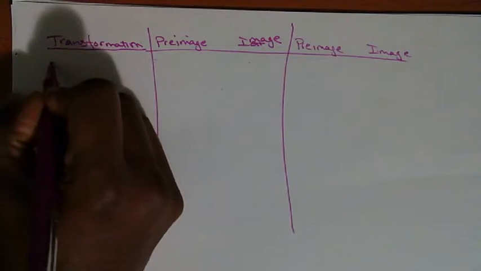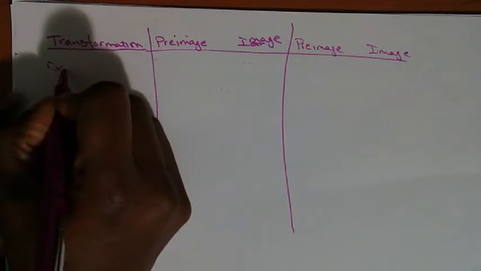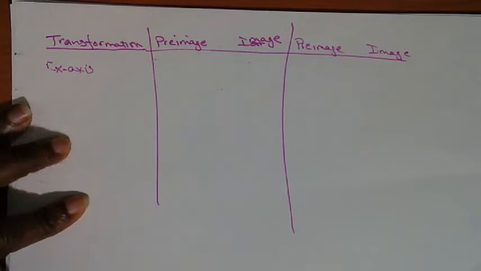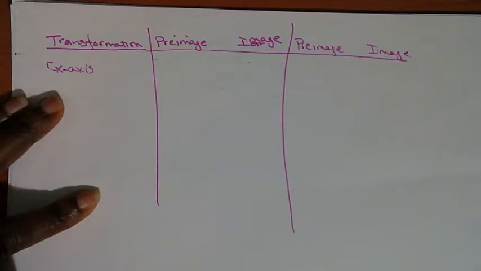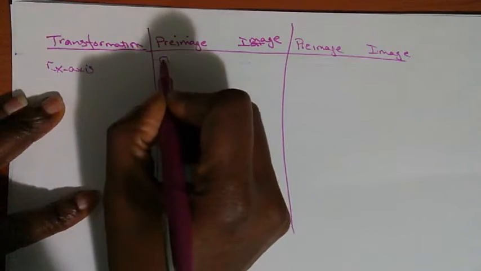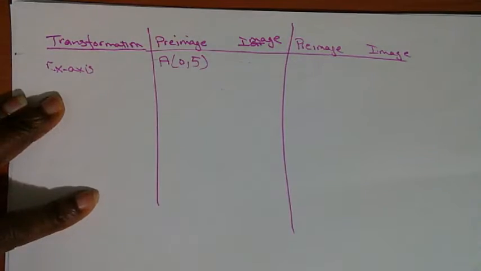First example, reflection over the x-axis. My coordinate point, I'm going to use 0 and 5.